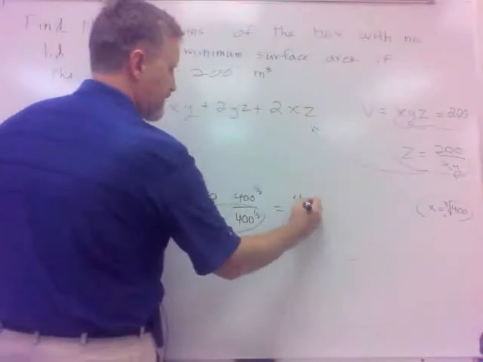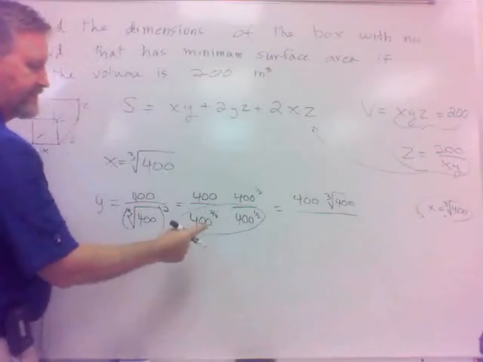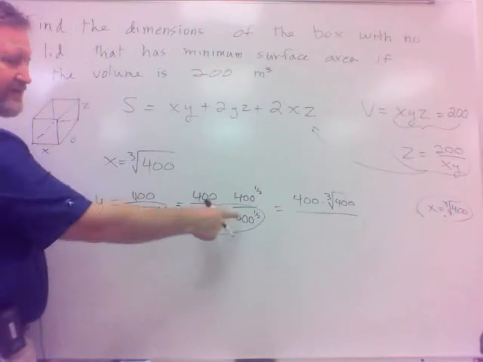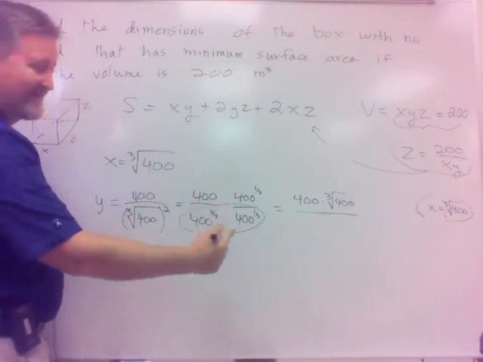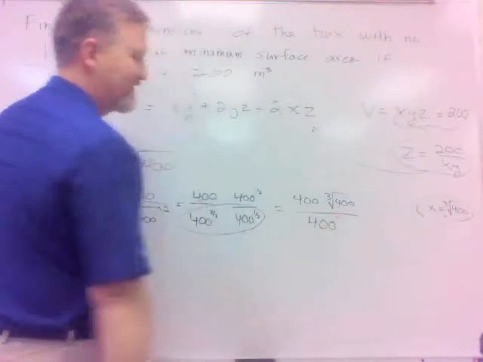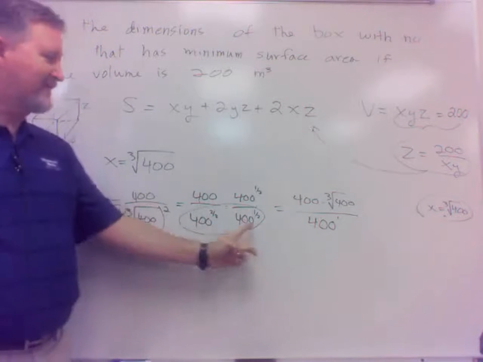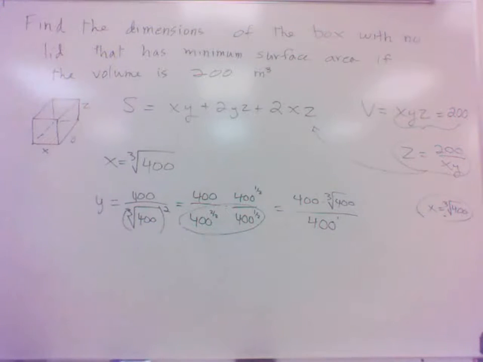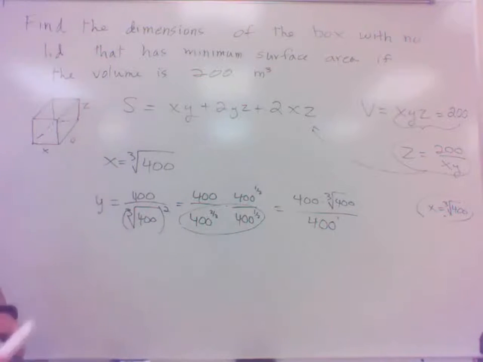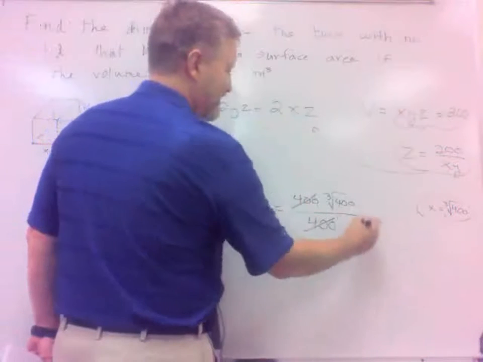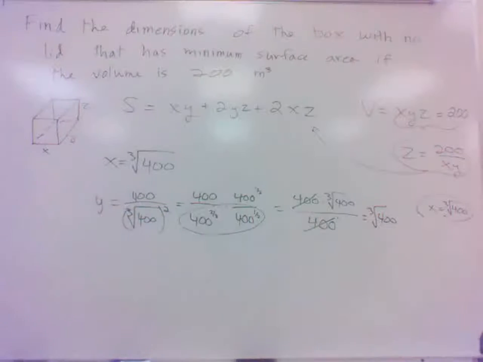So this is just 400 times the cube root of 400 over 400. Okay. And then that cancels, so we come up with the cube root of 400. So y is the cube root of 400, same as x.